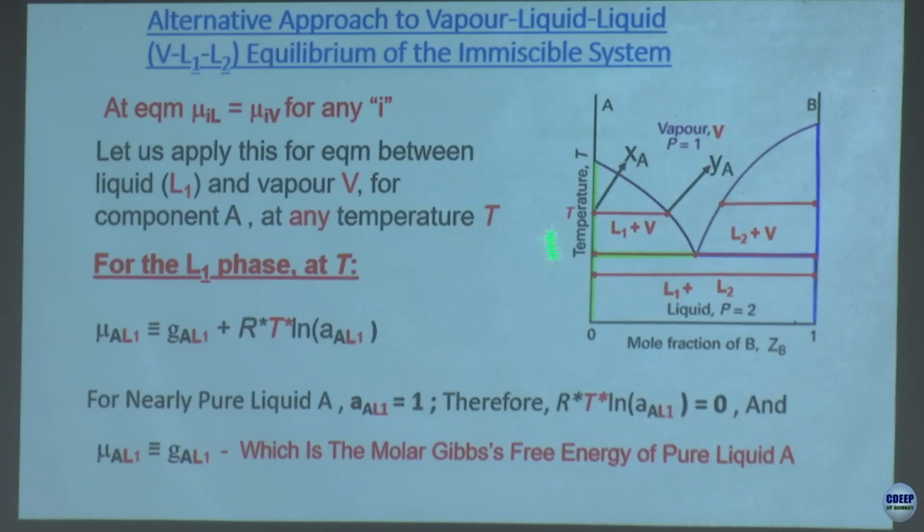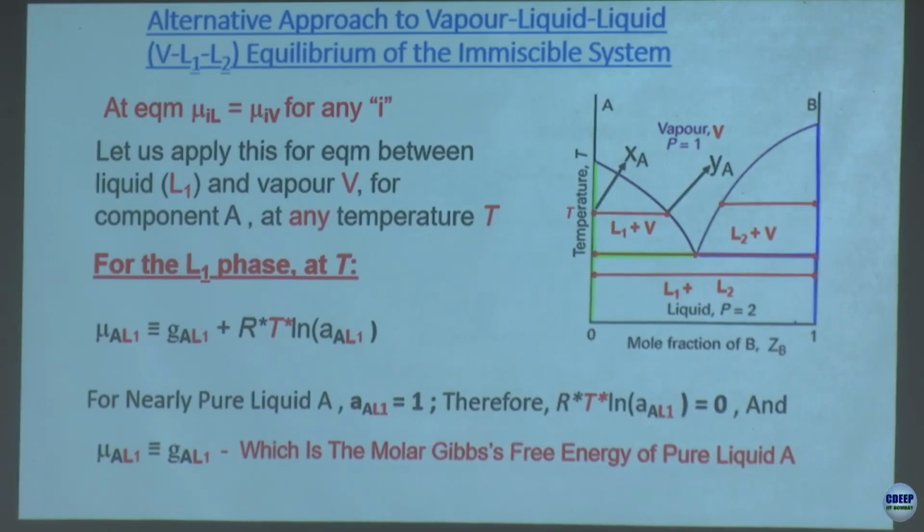Chemical potential is not constant at different temperatures. So don't make that mistake. Chemical potential is not constant on this whole line, but at any particular temperature, the chemical potential of that component is equal to the molar Gibbs free energy. Fine. It is varying with temperature, but this is an identity.